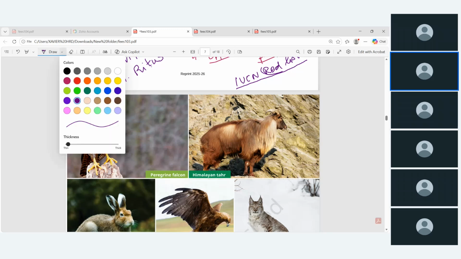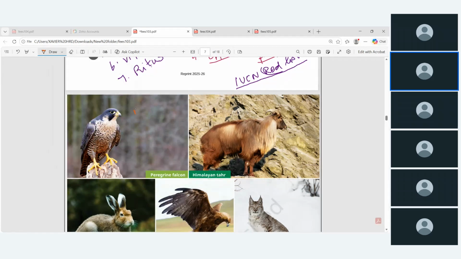It is found on every continent except Antarctica, and it is one of the fastest birds in the world, at around 320 kilometers per hour. Except Antarctica, it exists everywhere.